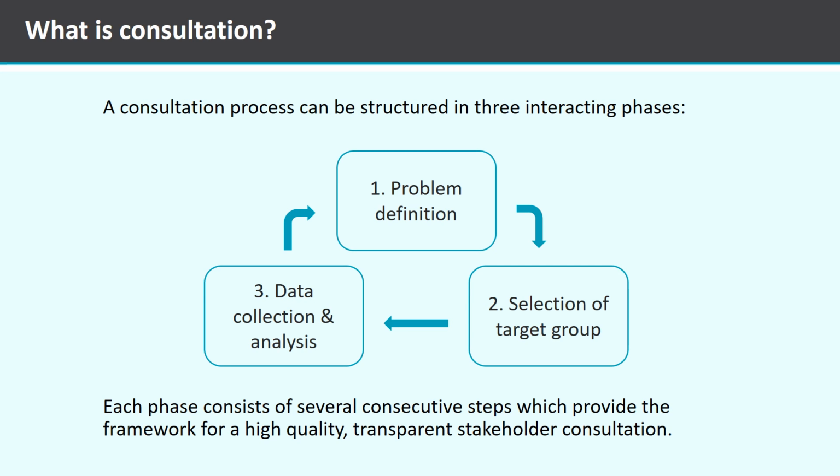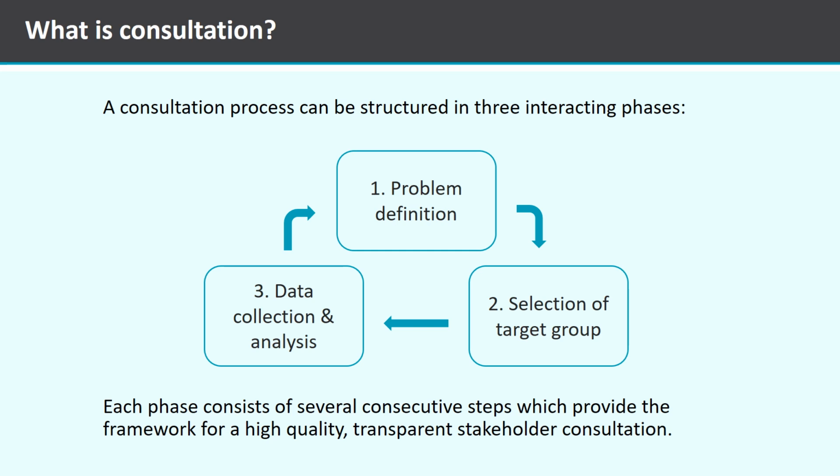We're suggesting that a consultation process can be structured in 3 interacting phases. The first phase is problem definition. The second phase is selection of the target group. The third phase is data collection and analysis.